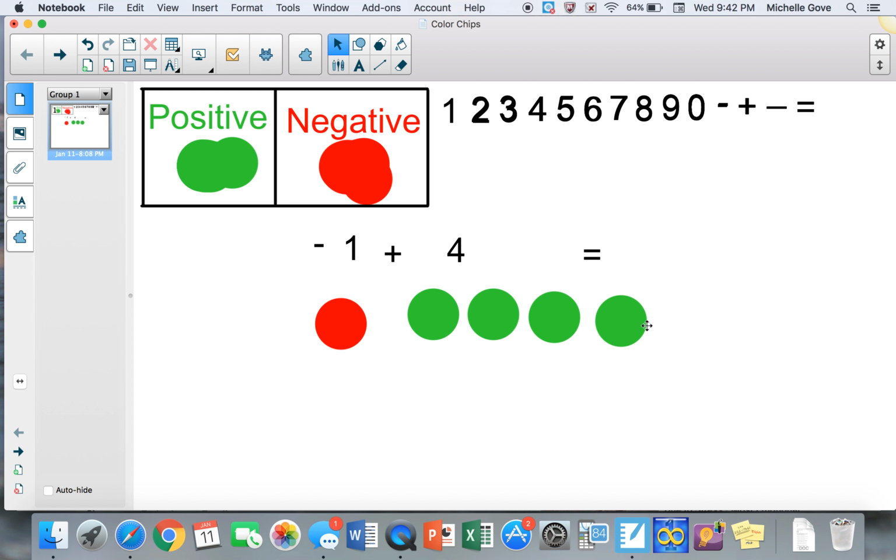Now we know that a red and a green is -1 and +1. They are opposites or additive inverses and equal 0, so they will cancel out and go away. And all we're left with is 3 greens or 3 positives, and so our answer is 3.